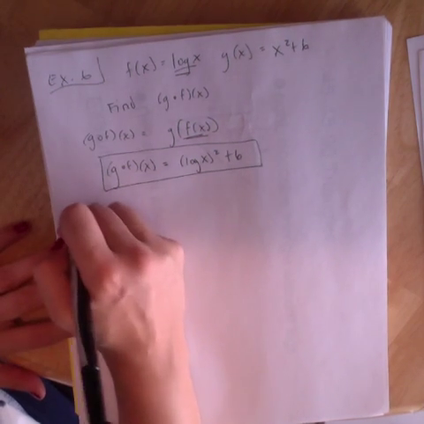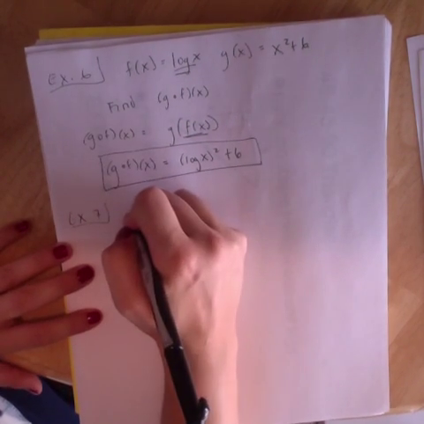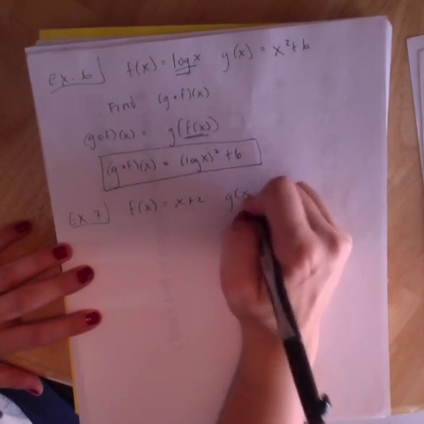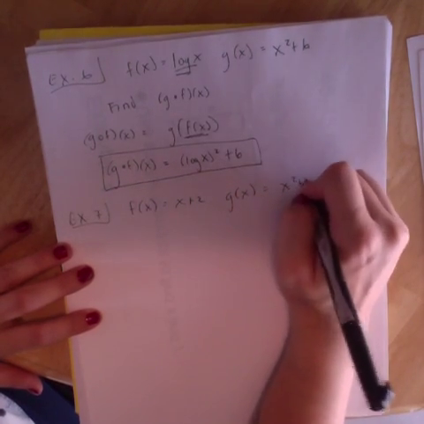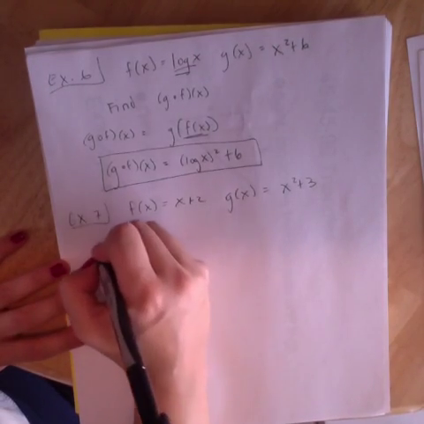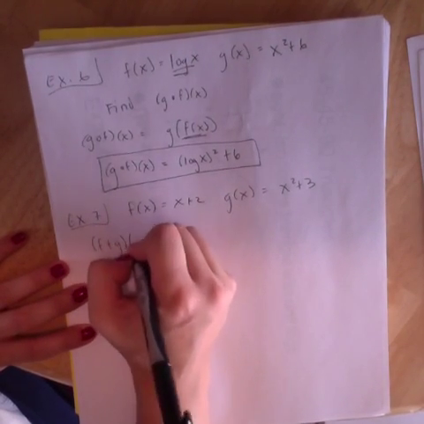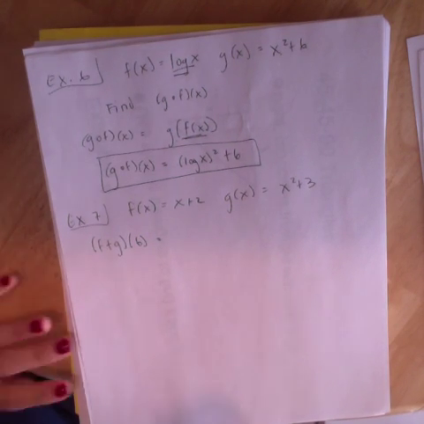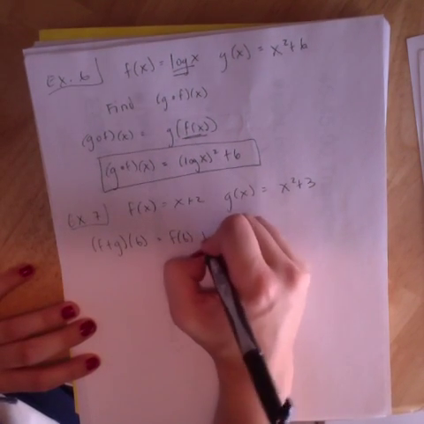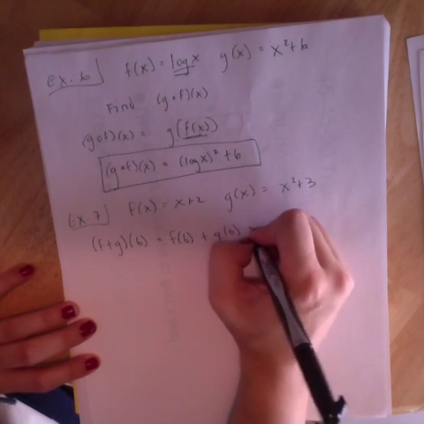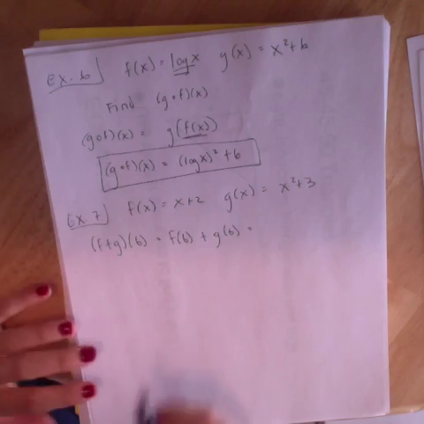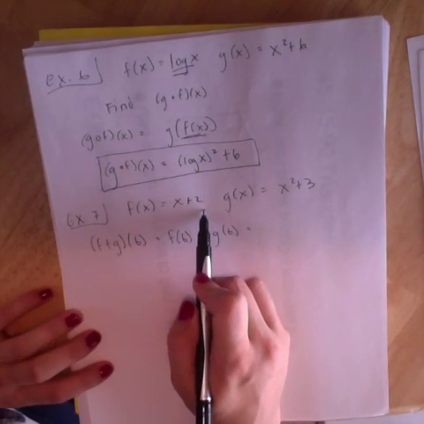Let's do another example. Let f of x equal x plus 2 and g of x equal x squared plus 3. Let's first find f plus g of 6. Now, f plus g of 6 is the same thing as saying f of 6 plus g of 6. This time we are actually plugging in a number. So this is my function f of x.